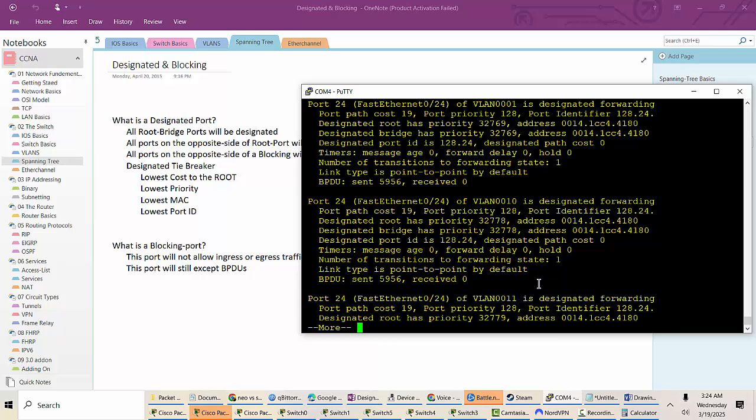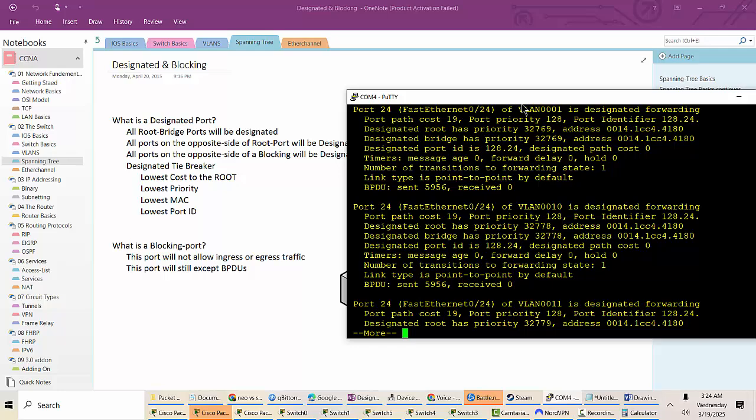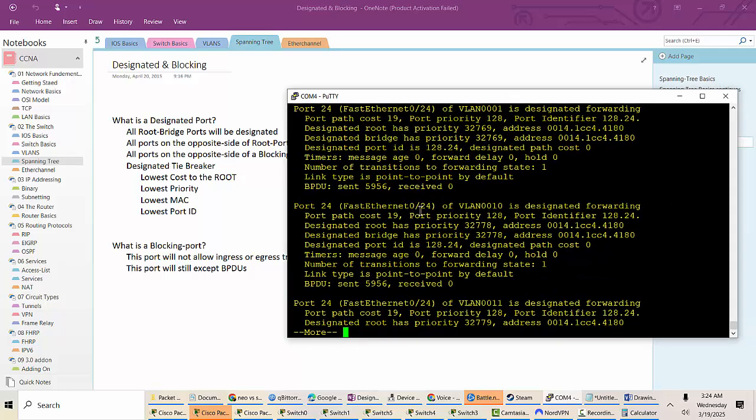This is for VLAN 1, that's all we're looking at. Down here is VLAN 10. We have a port priority of 128, a cost of 19, and our port identifier 128.24.